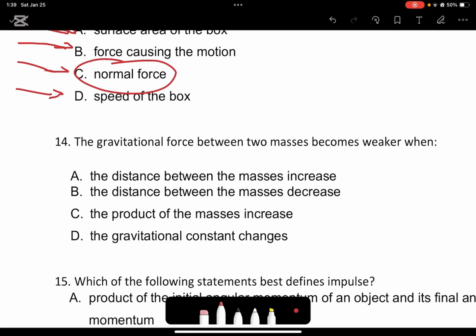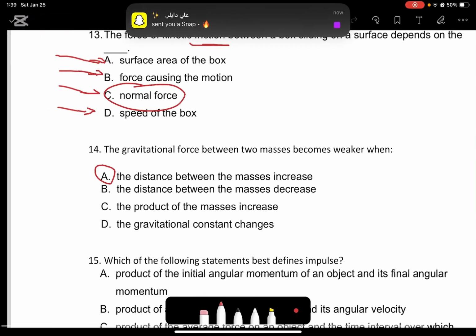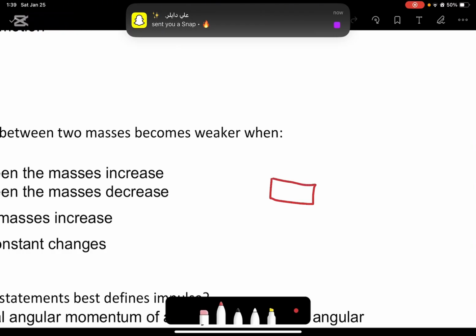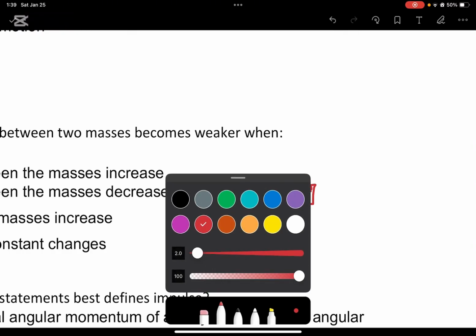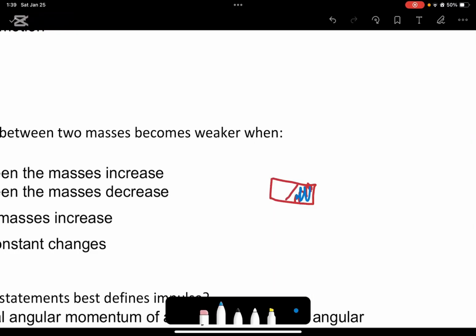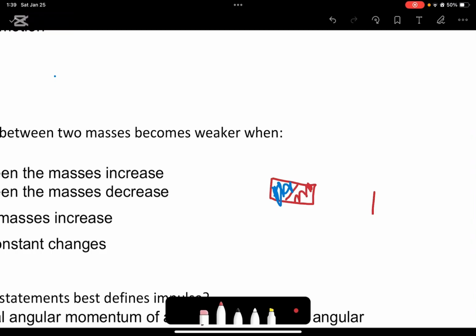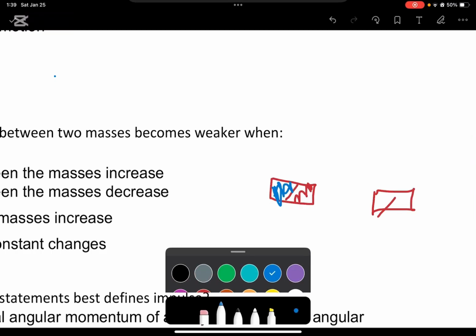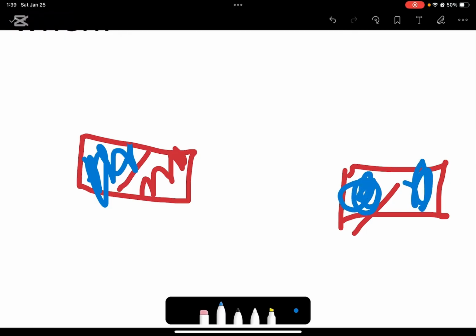And it becomes weaker when the distance increases. Like imagine two magnets. You know those magnets with two different colors? So I'm gonna use a representation like that. And this one. Like that.